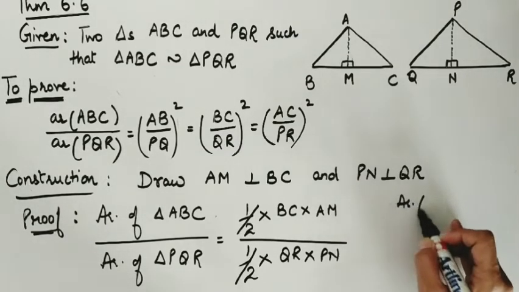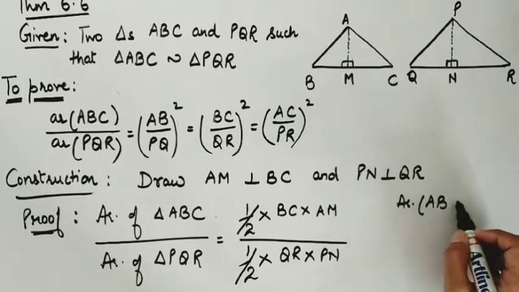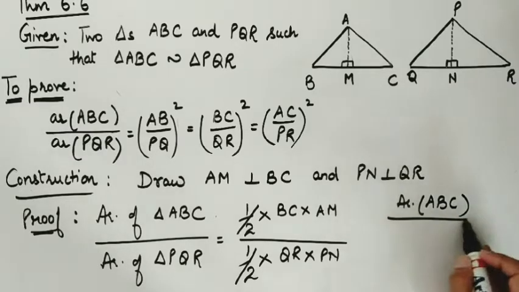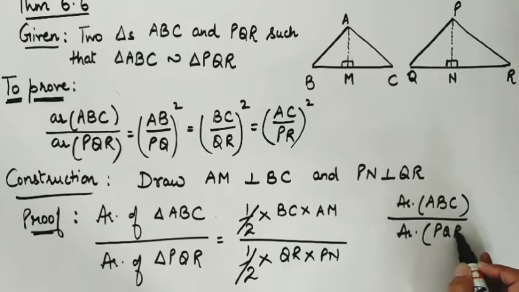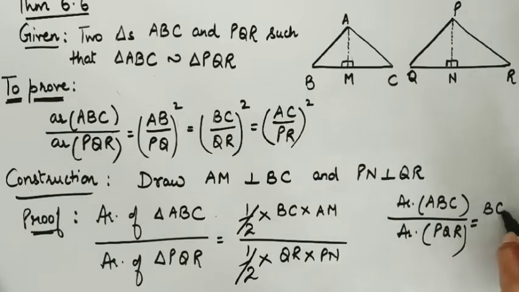This result would be used. The ratio of area of ABC and PQR is a product of what? It is the product of base BC times the height, which is AM.